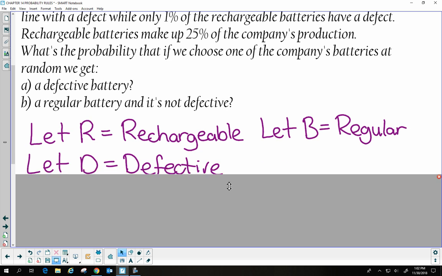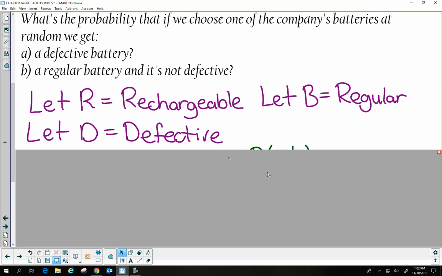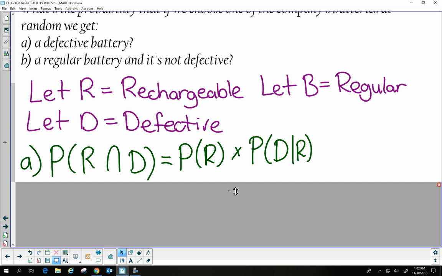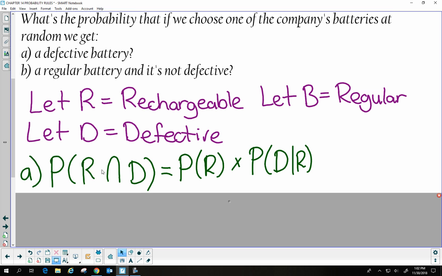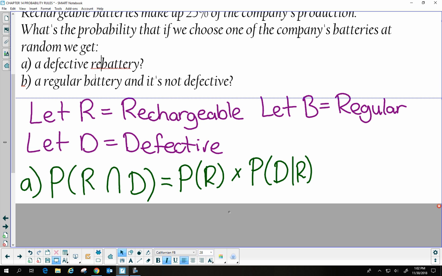So let's define some terms. Let's use R for rechargeable, B for regular battery, and D for defective. So the probability that we have a rechargeable battery and it's defective, and I'm pretty sure I was supposed to say here a defective rechargeable battery.